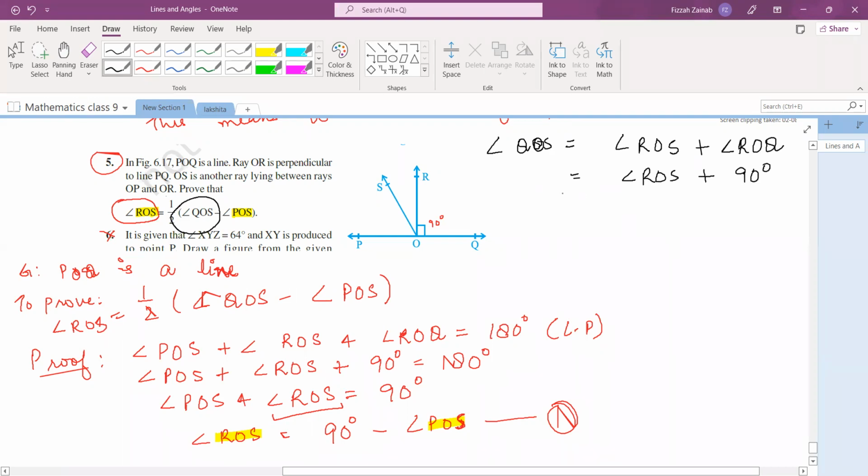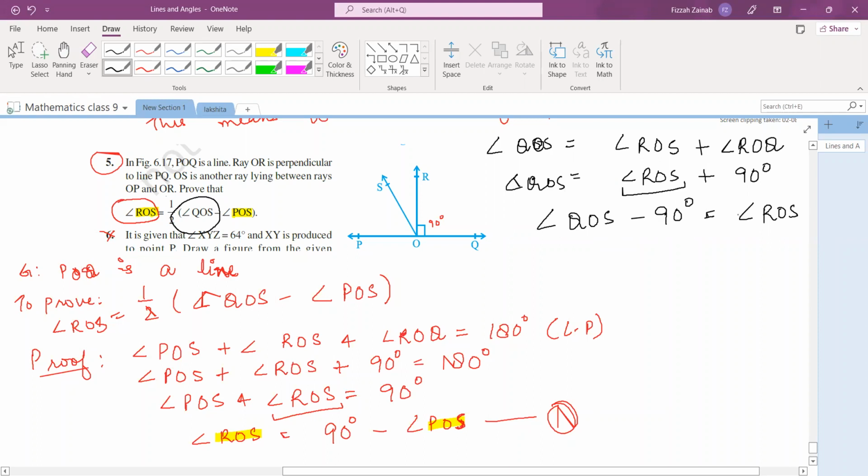Angle QOS, now again, let me find the value of ROS. So I'll keep this ROS here on the left. Angle QOS minus 90 degrees will be equal to angle ROS. Is this okay?